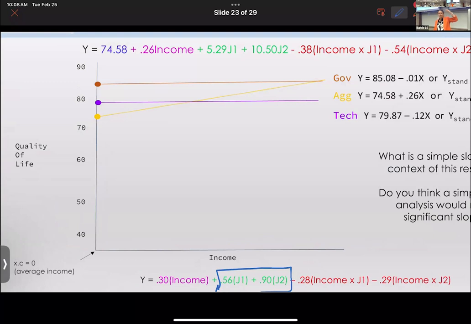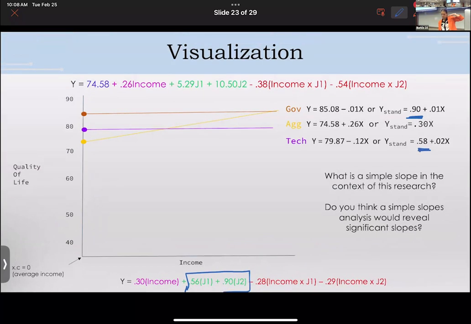For tech workers and government workers, it seems to be flat. You can also look at how high they are. What's interesting is as you make more money as an ag worker, your quality of life goes up to a point where you actually meet the quality of life of government workers. Potentially exceed, we don't know how far income goes. Okay.